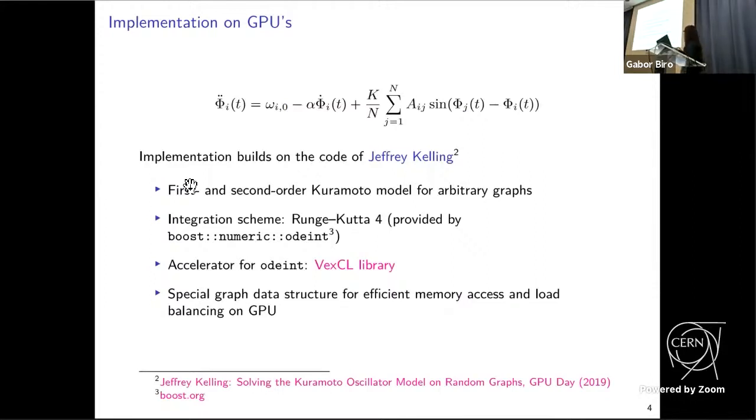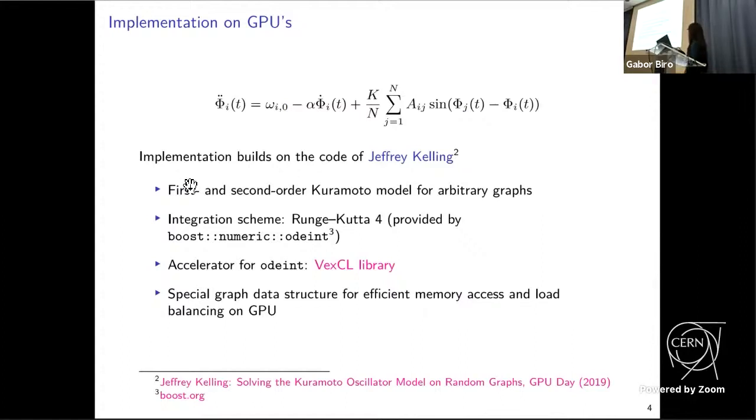It abstracts the GPU using the Vexcl library, and it already has a numeric solver for the equation from the Boost numerical library, but he only had the Runge-Kutta fourth order numerical solver, which is a simple implementation.